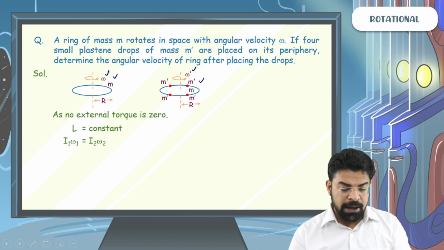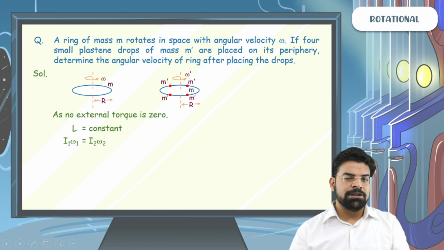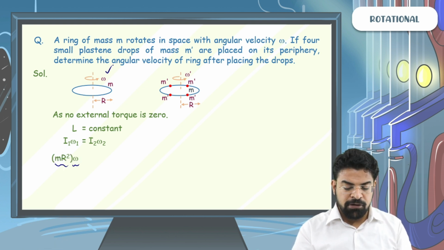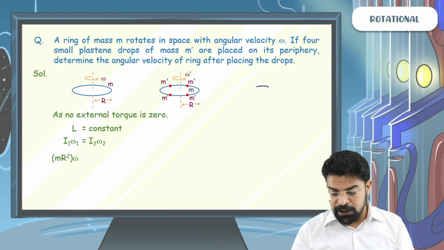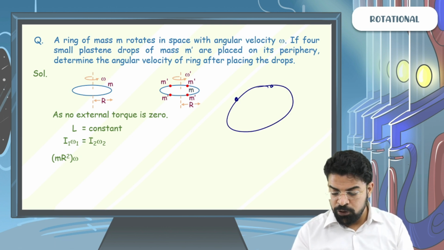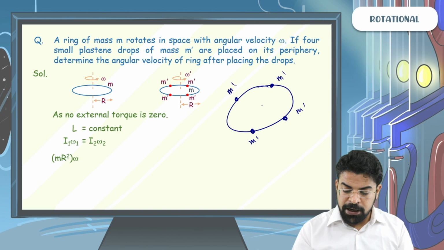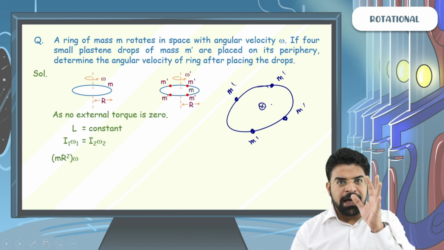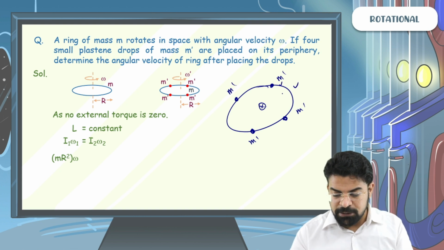Initially, you have just one ring of mass m and radius r. Its moment of inertia will be mr square by 2 into the initial angular velocity omega. Now on the ring, once you have placed 4 drops, each of mass m dash, and I ask you, tell me what is the moment of inertia of this system about the axis. You will say, sir, to write the moment of inertia, I have to consider both the ring as well as the masses.